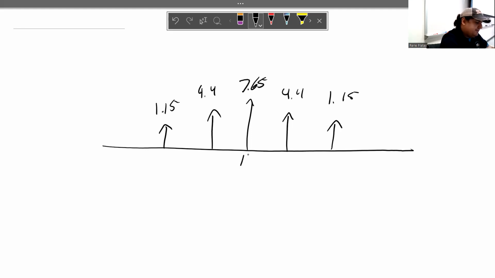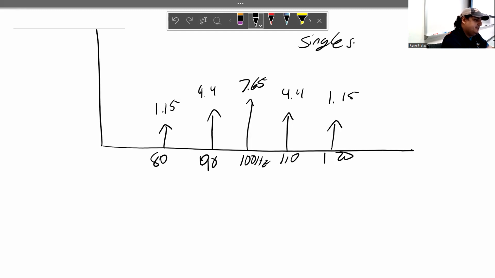And the frequencies were 100 hertz, you had 110 here, 120, 190, and 80. So these values right here are actually single-sided spectrum.